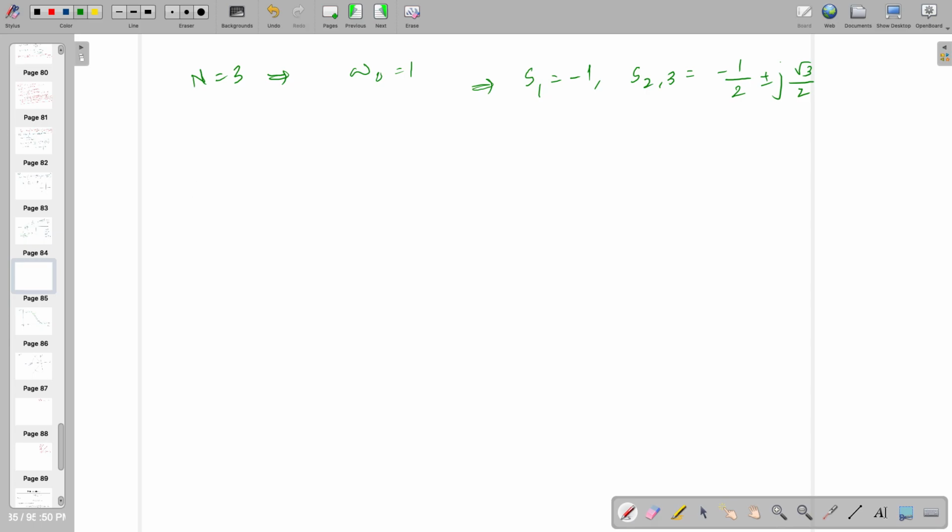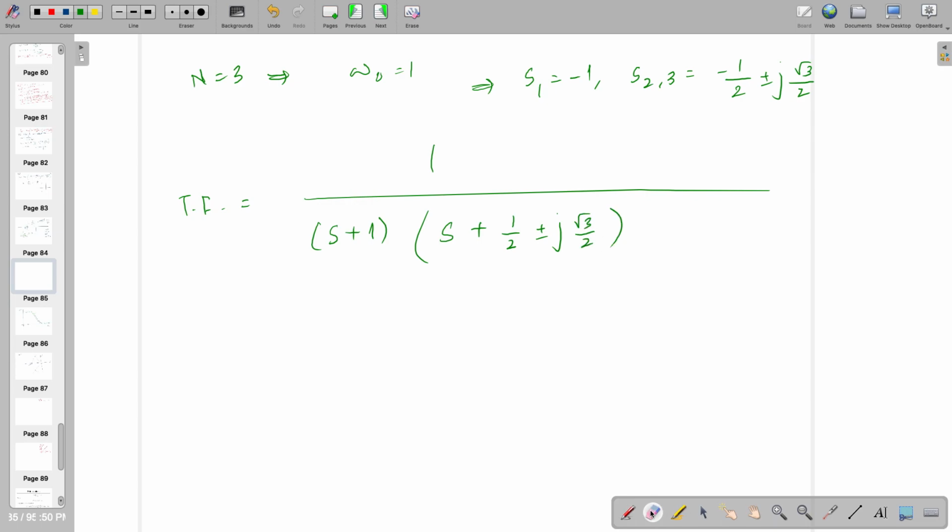The transfer function in this case will look like this: s plus 1, s plus 1 by 2 plus or minus j root 3. This is correct, right? So you're going to get this kind of output, but this DC component will change.